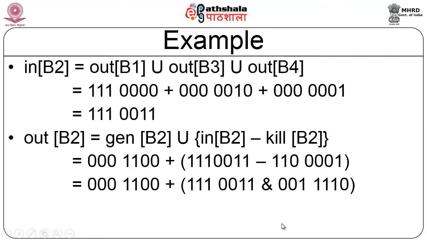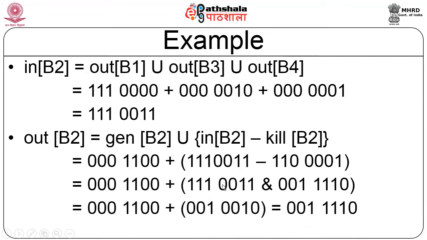And this should be ANDed. ANDing of these two will result in bit D3 set to 1 and bit D6 set to 1. Now, ORing of these two will result in 0011100 because there is a 1 here and there is a 1 here, that is why these two are 1, and there is a 1 here and that is why this is a 1, D6 is a 1 and D7 is set to 0. So, this is how I compute.